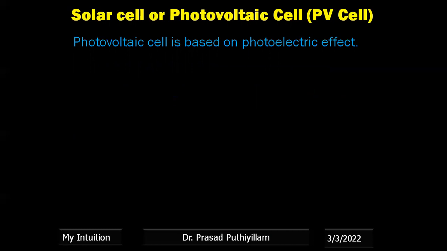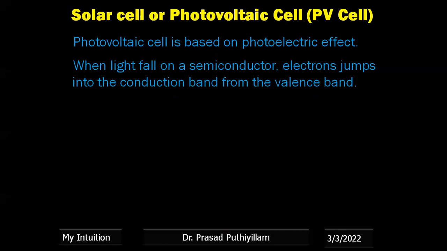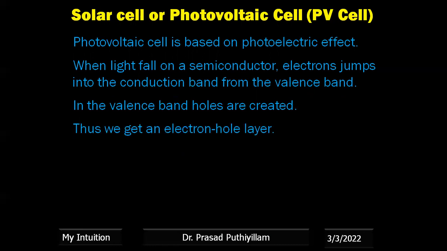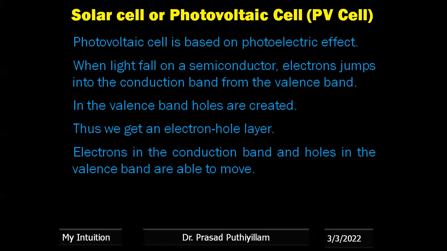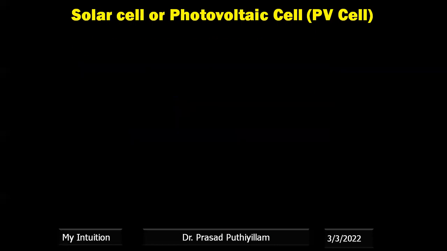The photovoltaic cell is based on the photoelectric effect. That means when light falls on a semiconductor, electrons jump into the conduction band from the valence band. Holes are created in the valence band, and electrons are created in the conduction band, thus we get electron-hole pairs. Electrons in the conduction band and holes in the valence band are able to move.